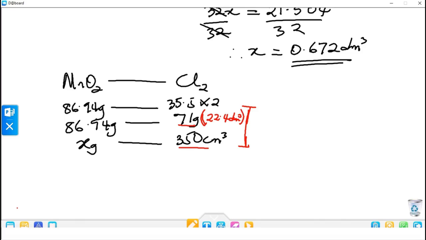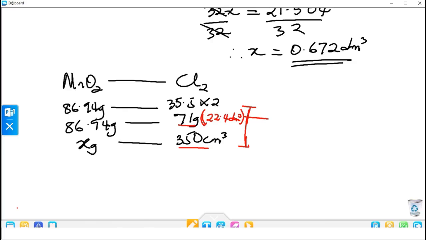So we are now trying to make it a mass-volume relationship. Since the question talked about the volume of chlorine, 350 cm³, we have to close our eyes on the mass of chlorine and focus on the volume. 1 mole of chlorine is 22.4 dm³. It's a constant. So since we have established that fact, we need to convert dm³ to cm³, since we have been given 350 cm³ in the question.